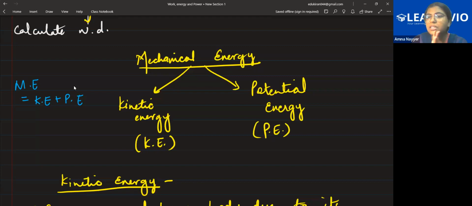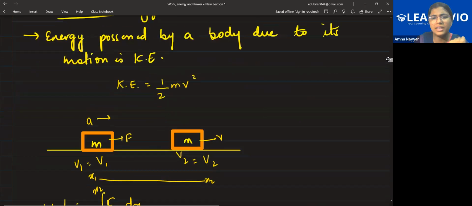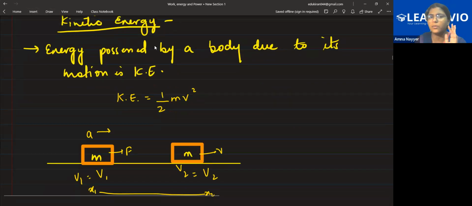And if we have the concepts of work done over here, then that is going to get added in the energy portion. That's why I'm saying work done is over. We have to focus on the energy. So first, let us complete the kinetic energy. I don't think potential energy will be started in today's class. Even kinetic energy will not be completed in today's class, but let us at least start with this.